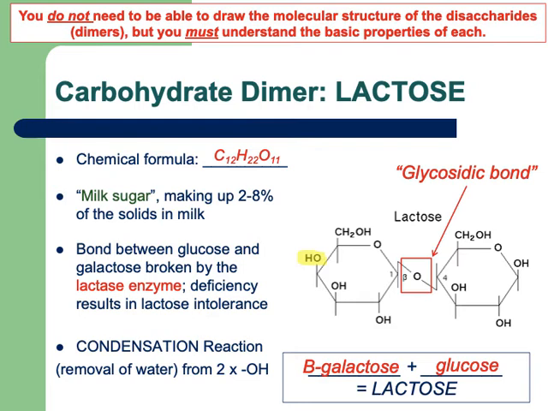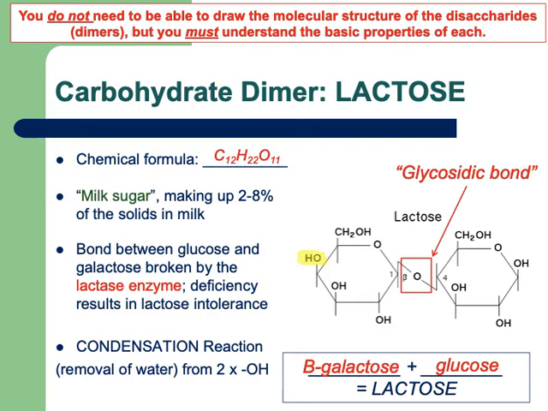Lactose is known as the milk sugar, and it makes up 2 to 8% of the solids found in milk. It's formed when galactose and glucose react together through a condensation reaction where we are removing a hydroxyl group and a hydrogen, so removing water, and forming a glycosidic bond between the two molecules.